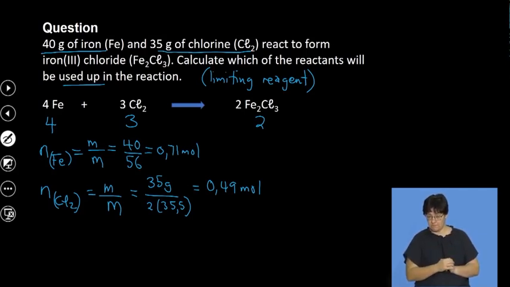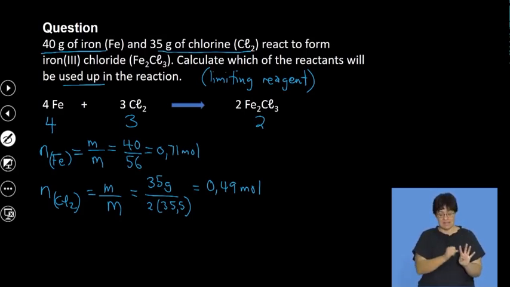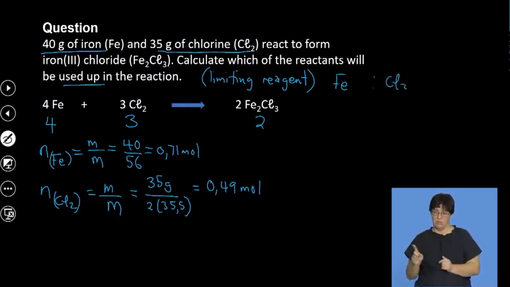Let's say, for argument's sake, we know that for every 4 moles of iron, there should be 3 moles of chlorine. So if all the iron has to react, the ratio of iron to chlorine gas is actually 4:3.